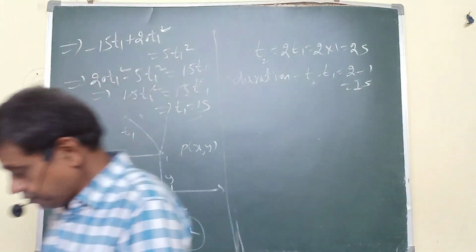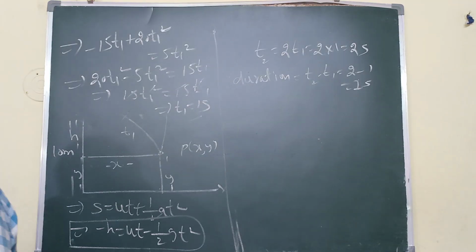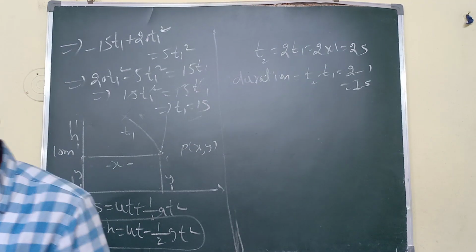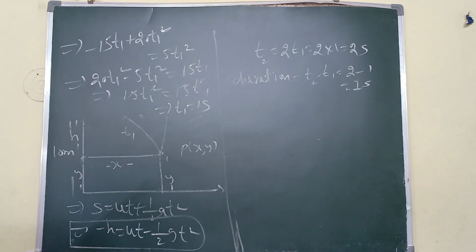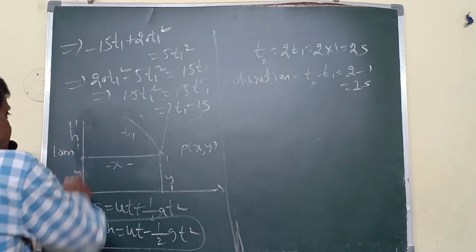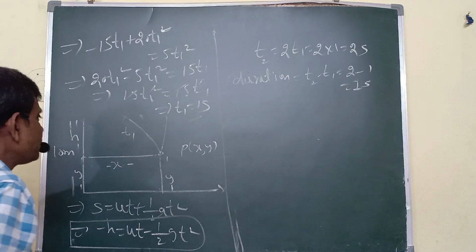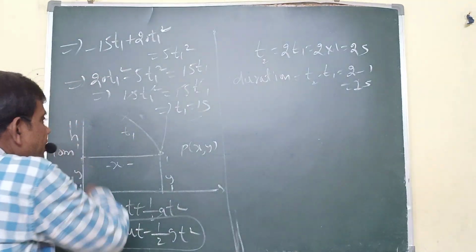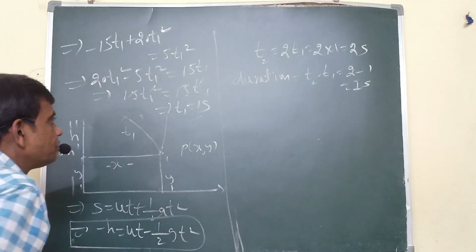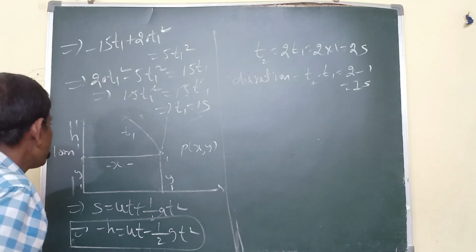Next one, finding the xy coordinates. That is the second question. So for finding the second question, first you find heights. What is the height? Already range we know. This is x equals to ut1. So first you find height for finding y value. So what is the h?